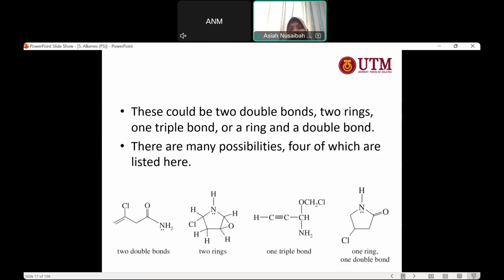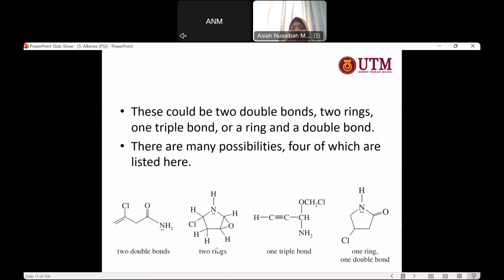When we have 2 elements, remember 1 double bond means 1 element, 1 ring is 1 element, but 1 triple bond is 2 elements. So you can either show 2 double bonds on the left hand side to become 2 elements, or you can have 2 rings, one with nitrogen and one with oxygen.